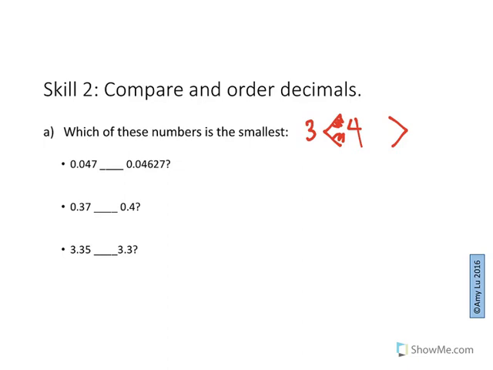When it comes to comparing decimals, the easiest thing to do is to make sure that there's the same amount of numbers behind the decimal, so it makes for a more fair comparison. Looking at these two numbers, you have 0.047 against 0.04627.